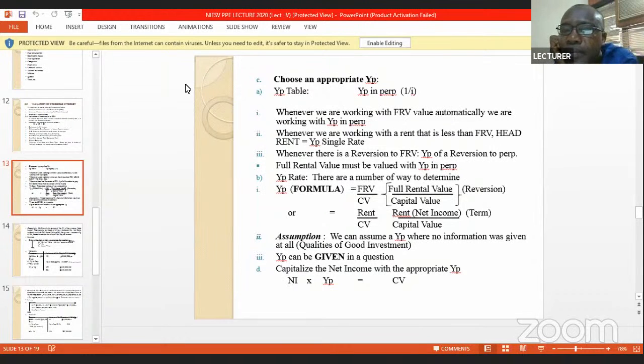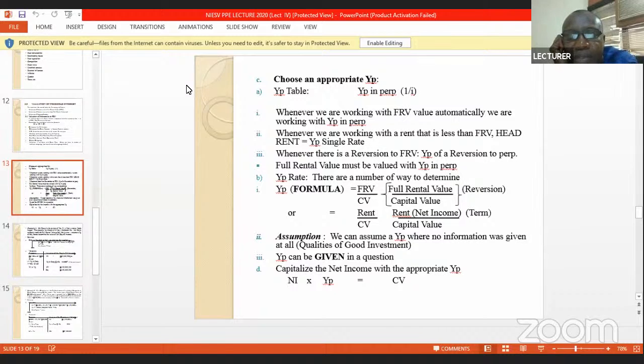The YP formula says rent over capital value. Whatever rate you get is the term. But if you use the full rental value over capital value, whatever rate you get is for the reversion.